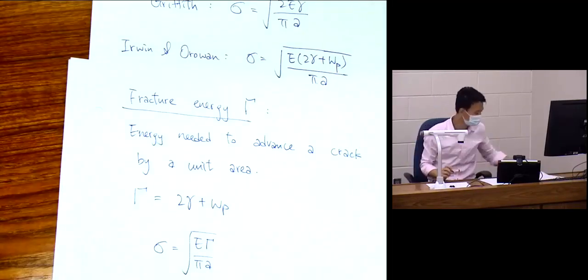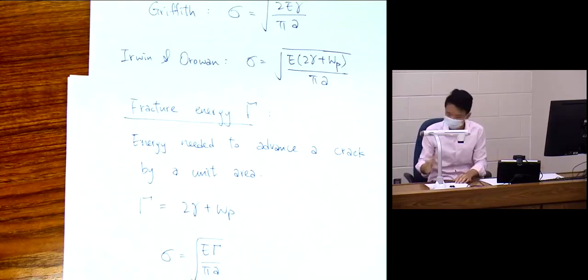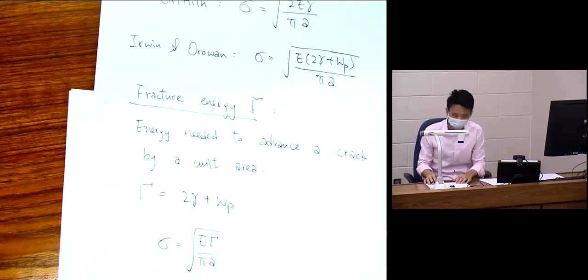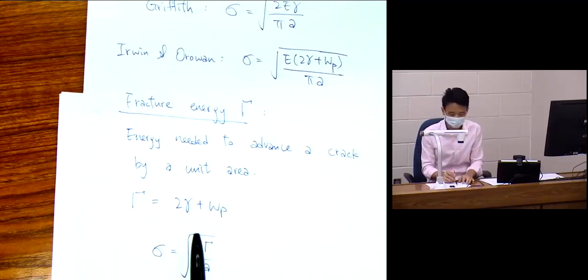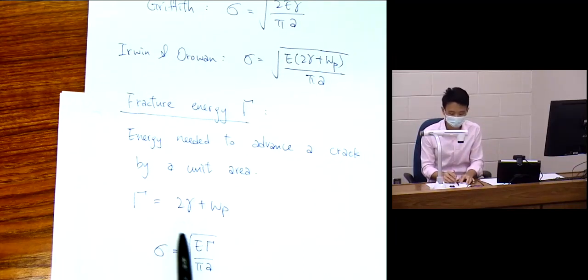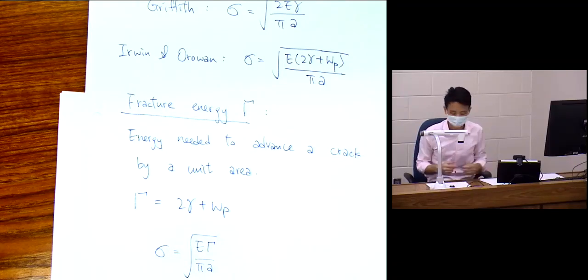Now, in other words, what we are saying is basically nothing new, right? We take that fracture energy, and for ductile material, it's going to be 2 gamma plus WP, right? Because we just said that for glass, a brittle material, it's just going to be the surface energy.